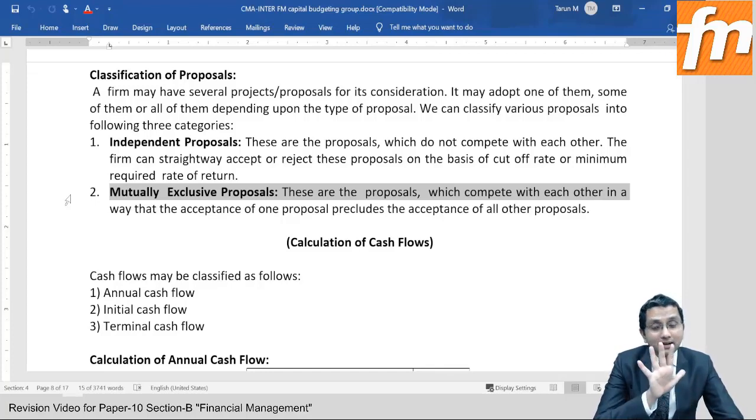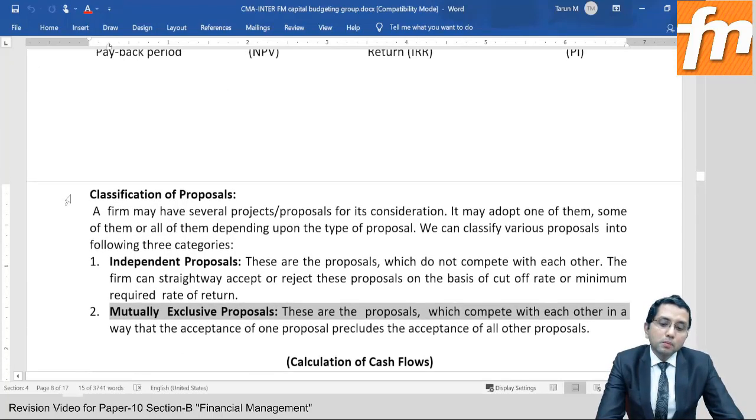Now all 5 candidates are mutually exclusive proposals for the interviewer. If one is selected, all others are automatically rejected. So here the decision criterion is very simple: you choose the best proposal, and the remaining will be automatically rejected.